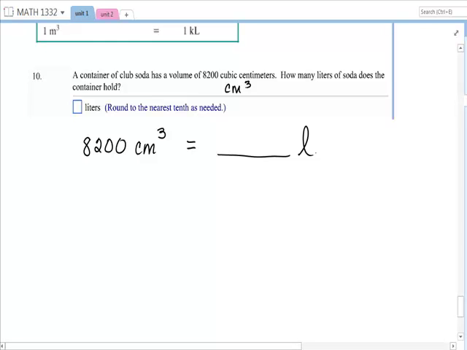What am I going to do? What can I change? Look at your sheet. What can I change cubic centimeters to? Do you have a fact that changes cubic centimeters to liters? Look on the second page. Okay.